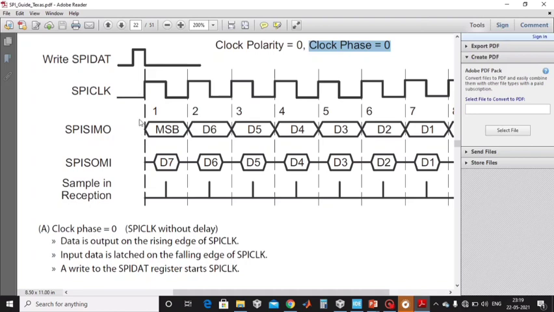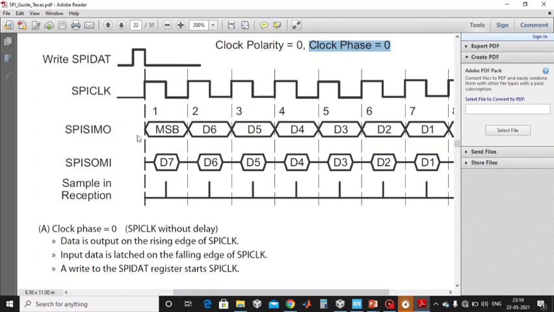of the clock. And one thing you have to remember is that the output data by the master and the input data which is sampled by the master are always 180 degrees apart.